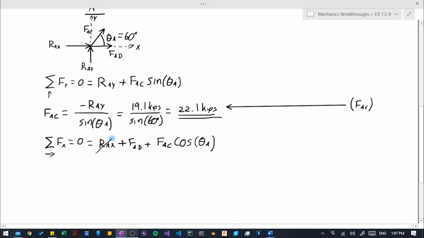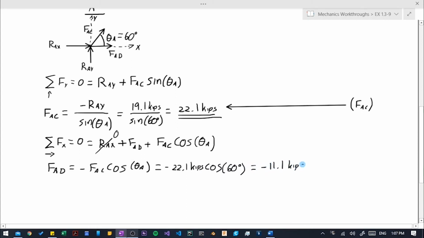And if you remember, this reaction force was actually 0, so we can leave that out. So we have FAD is equal to negative FAC in the x direction. And so this is equal to negative 11.1 kips.